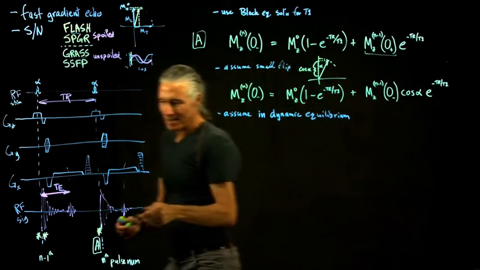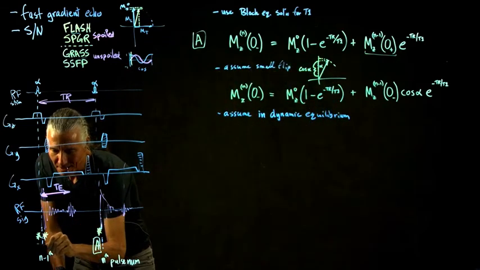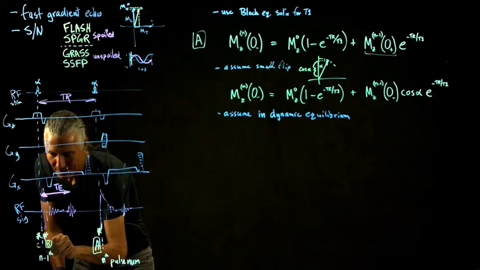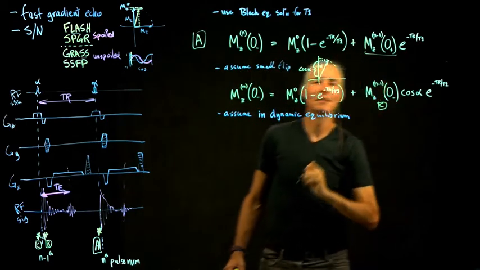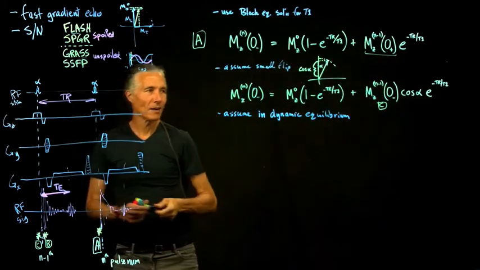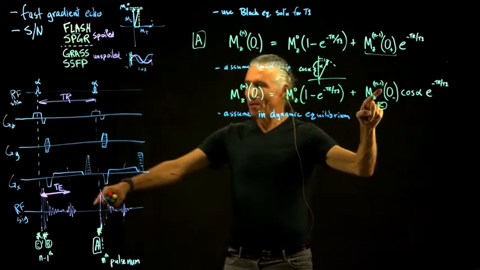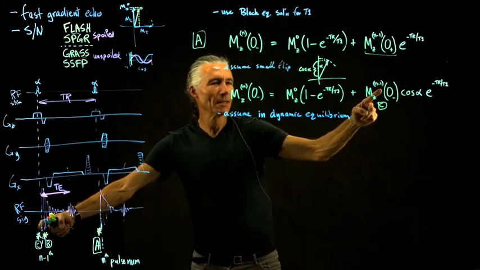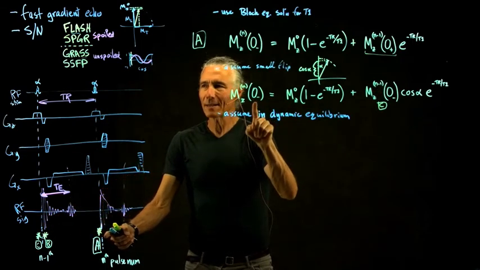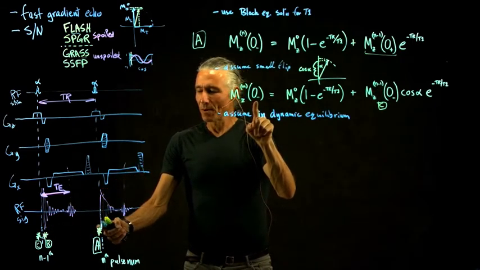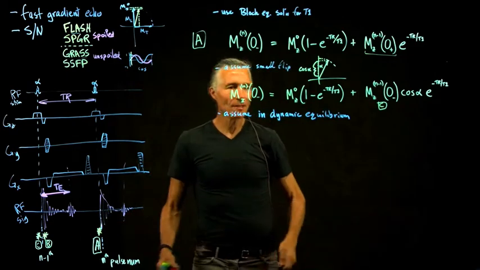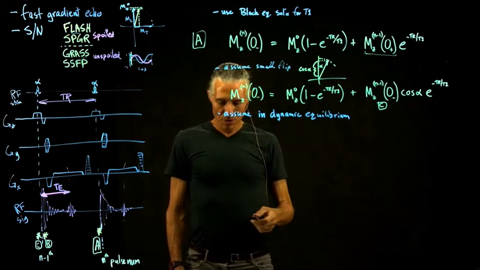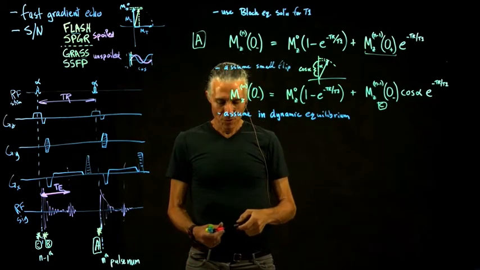So here's A, this guy we'll call B, and this guy is C. So that's our unknown magnetization before the previous pulse, and here's our unknown magnetization before the current pulse. So if we're in dynamic equilibrium, then what we want to do is basically assume that those two are the same.